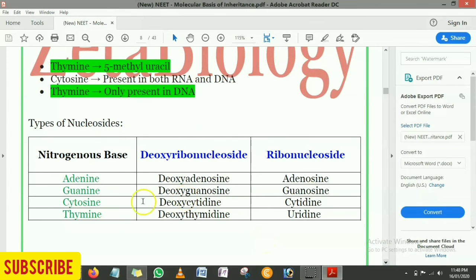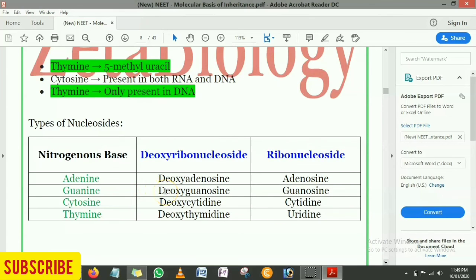When the nitrogenous base adenine is present, it will form the nucleoside deoxyadenosine in DNA, whereas in RNA it will form adenosine. Same with guanine. In DNA it will form deoxyguanosine, and in RNA it will form guanosine.